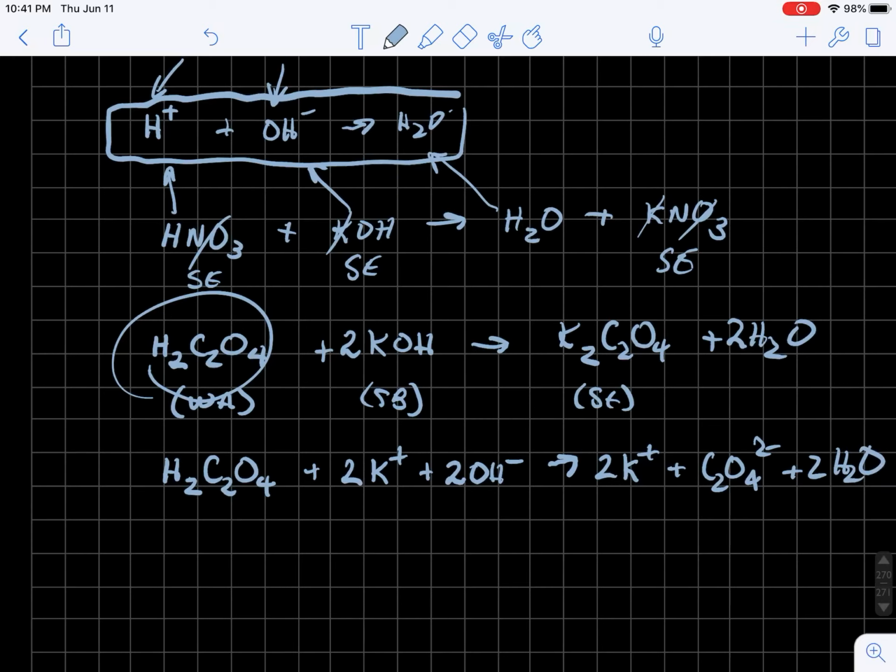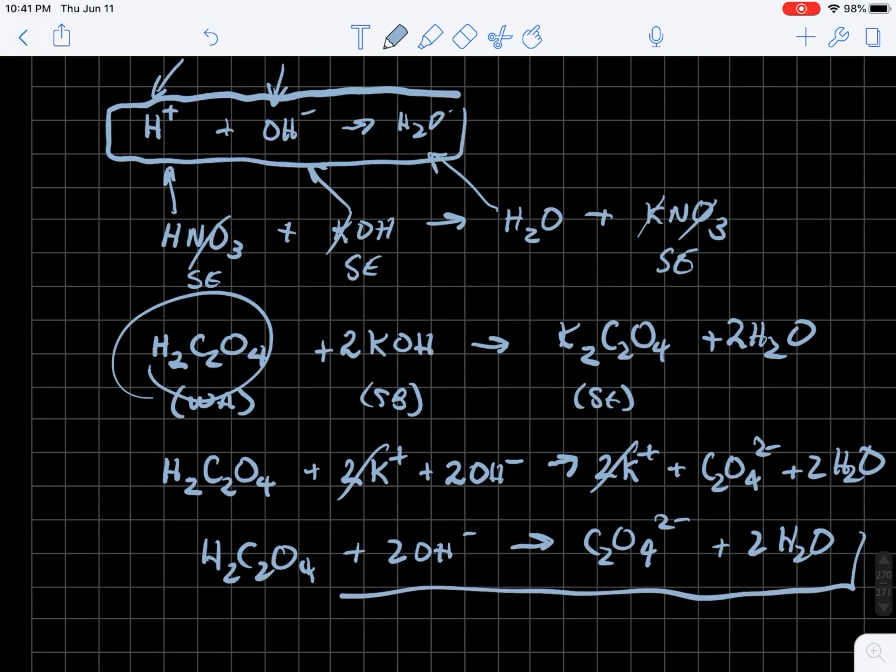And then, of course, we can't write the water molecules as ions because they are weak electrolytes. So what cancels here? The 2 potassiums cancel, and our net equation is oxalic acid plus hydroxide produces oxalate plus 2 moles of water.